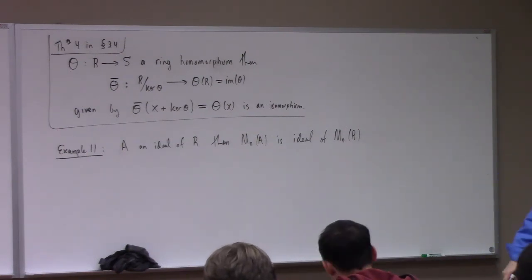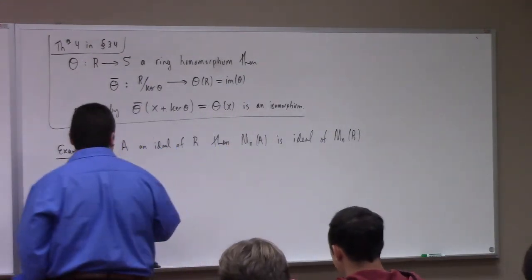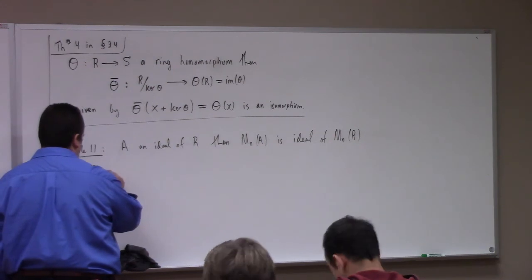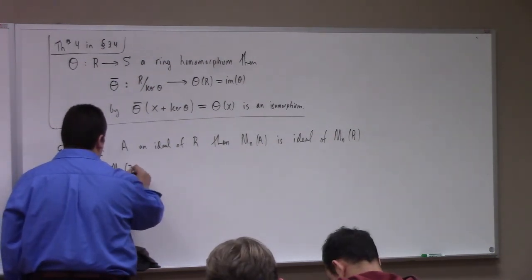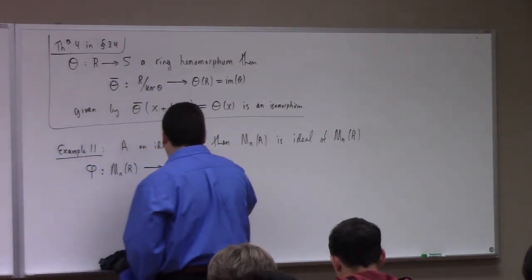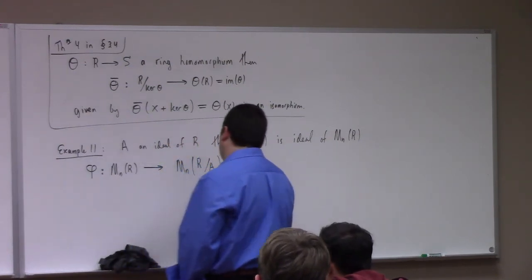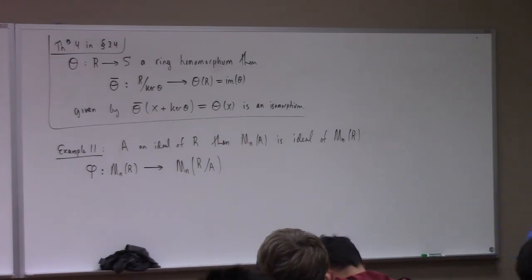So what you do is define a mapping, let's say phi, which goes from the n by n matrices over the ring to n by n matrices over the factor ring R mod A. Can you guys tell me what the map should be?